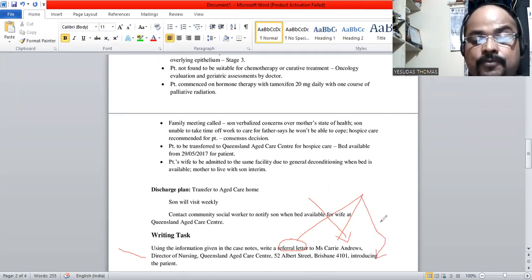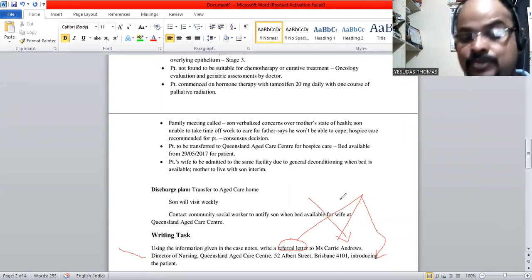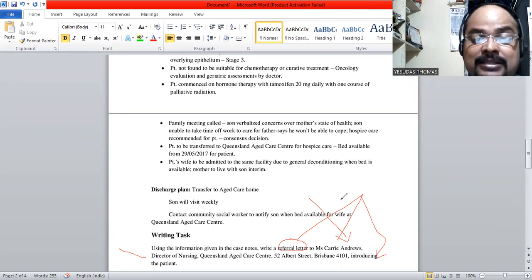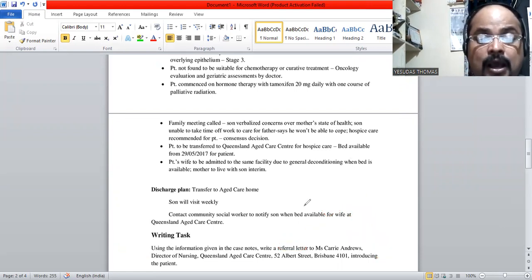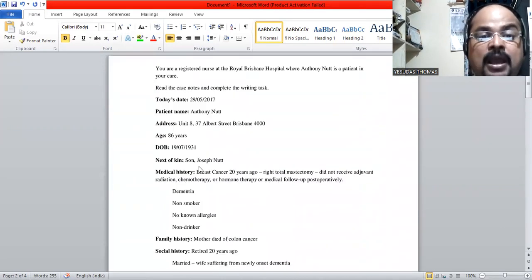So we need to introduce Mr. Nutt to Miss Andrews, and we need to say something about his condition and the ongoing treatment. So let's go ahead and see what exactly is his condition, what happened to him, and what care he needs.